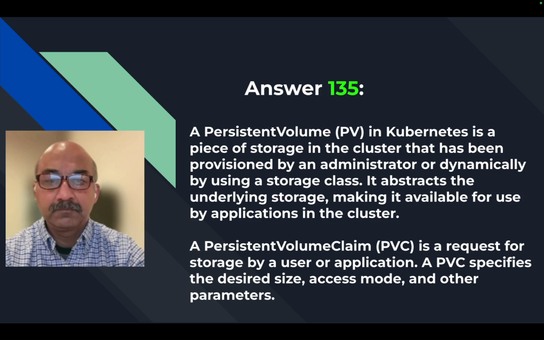However, just because a disk is there, a volume is there, doesn't mean a pod gets to mount it. That's where the PVC comes in, a persistent volume claim. You can think of this as a bus, or a seat on a bus. That's the PV. You've created a bus, the seats are there, but you don't have a ticket yet. And that ticket is the PVC.